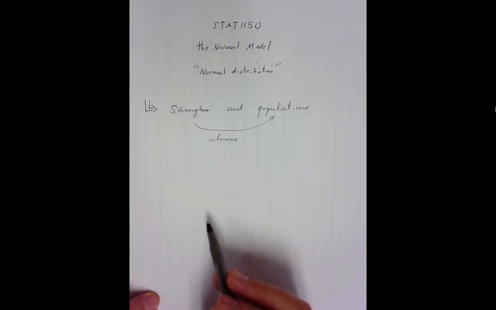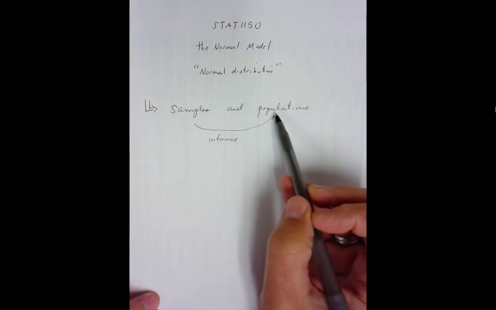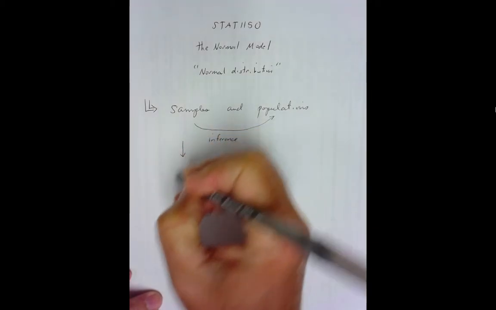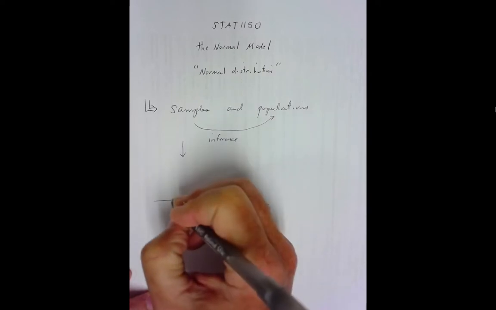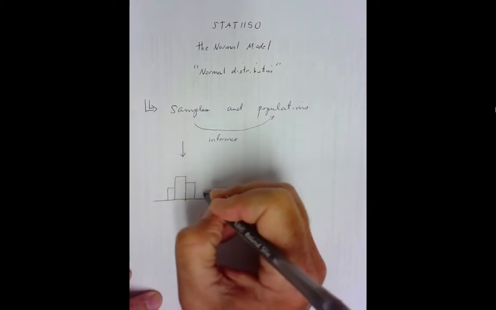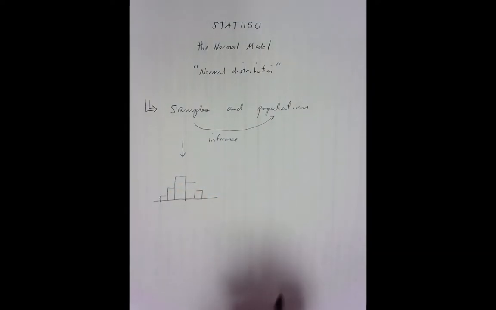Now, what happens relative to normal distributions in samples and populations is the following. When we have a sample, with a graphing calculator or StatCrunch or Minitab or SPSS, we could create a histogram.